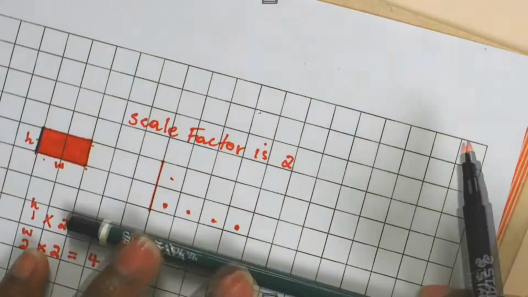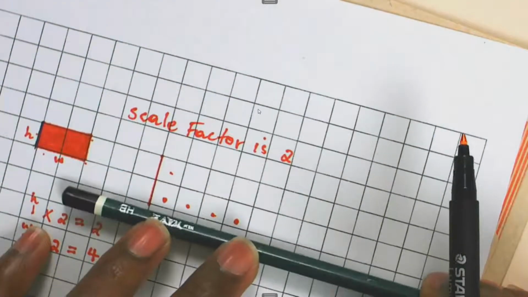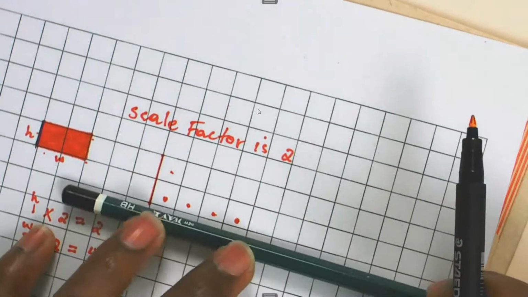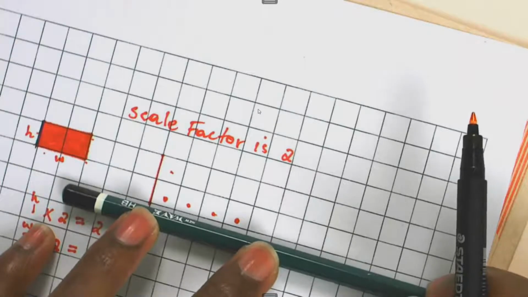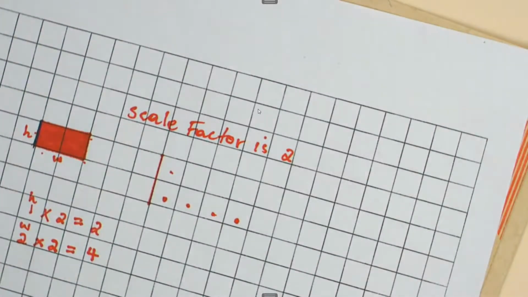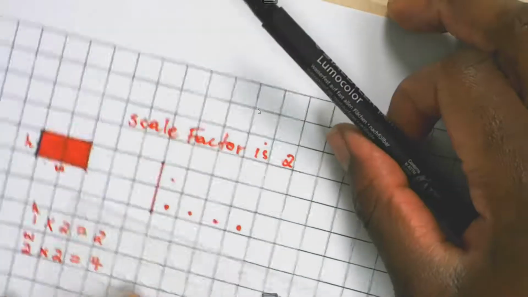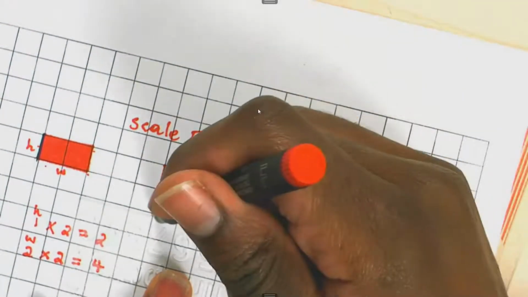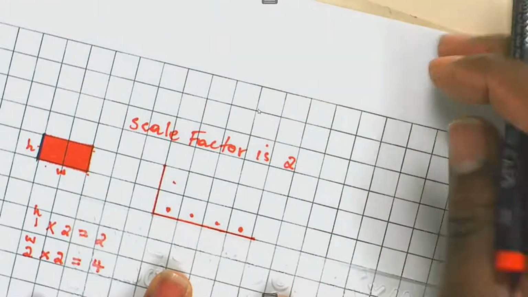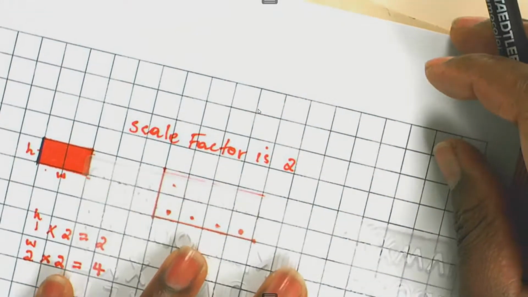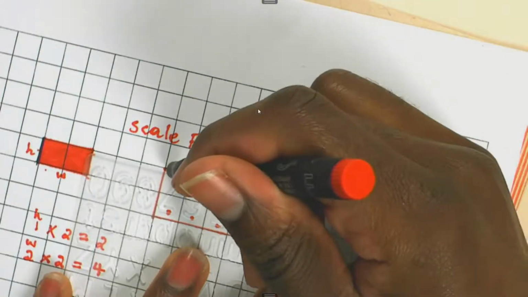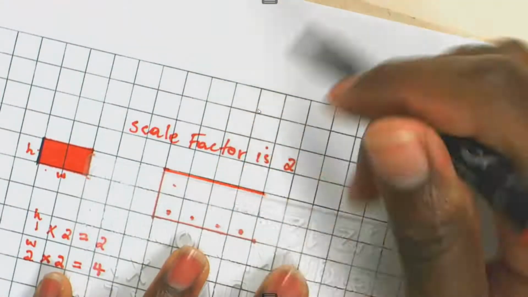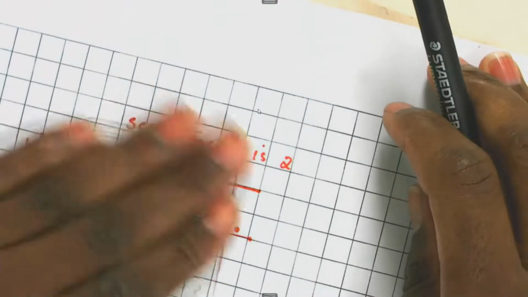So let me just draw it. Let me use a ruler. Right, then 4 blocks wide, and 2 blocks high.